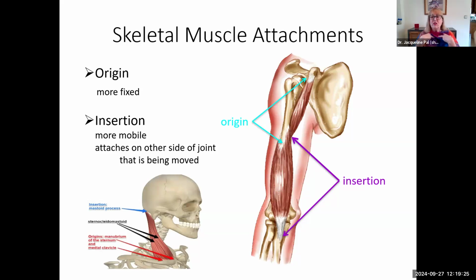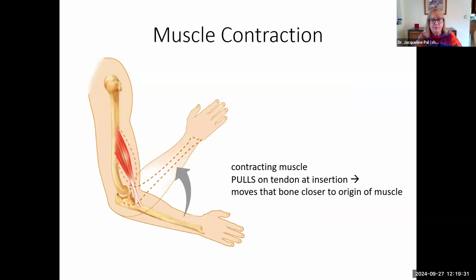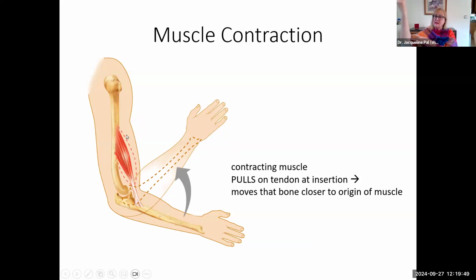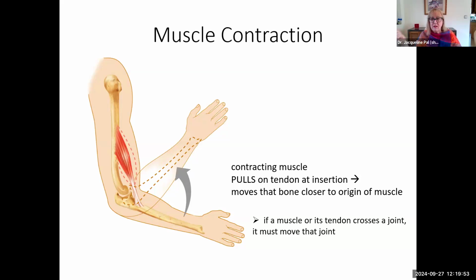So the origin is here and the insertion is on your head. Okay. So when muscles contract, that contracting muscle is going to pull on the tendon at the insertion, which is going to move that bone closer to the origin of the muscle. And so that is what is happening with a muscle contraction.